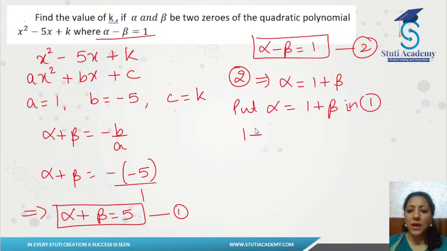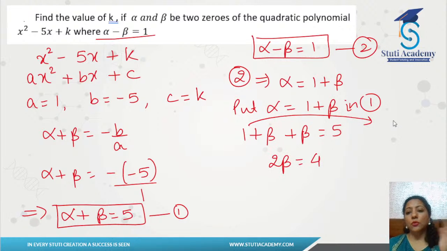So we have 1 plus beta is equal to 5. We have replaced alpha by 1 plus beta. Now we can take this 1 on the other side and we'll get 2 beta is equal to 4. The 1 will get subtracted from 5, so 5 minus 1 we'll get 4. So finally we have beta is equal to 2.